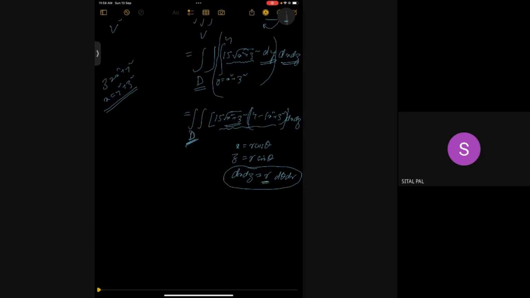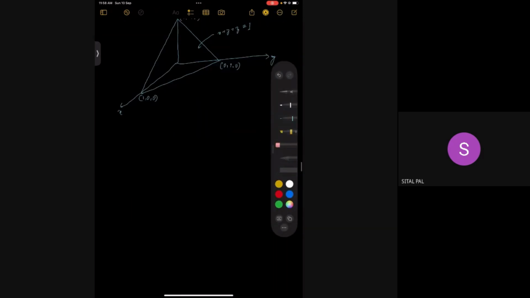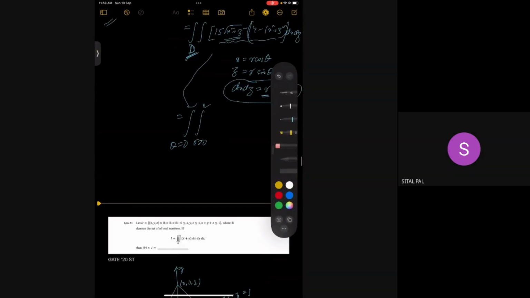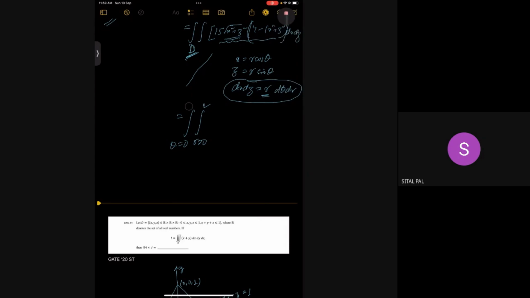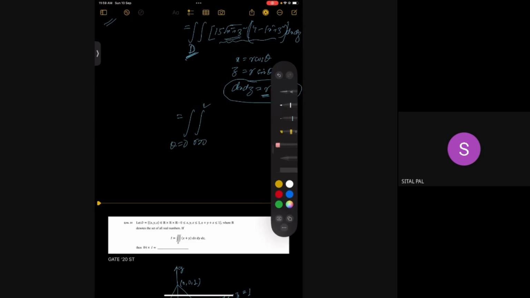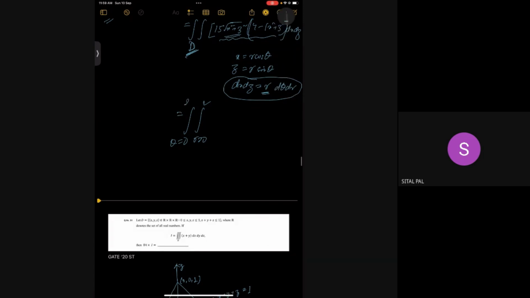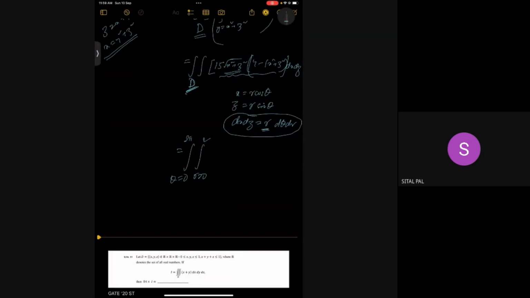So if you use a substitution, you'll get an expression like this: r going from 0 to 2, theta going from 0 to twice pi, and 15, it will be r, I think, and 4 minus r square into r dr d theta.